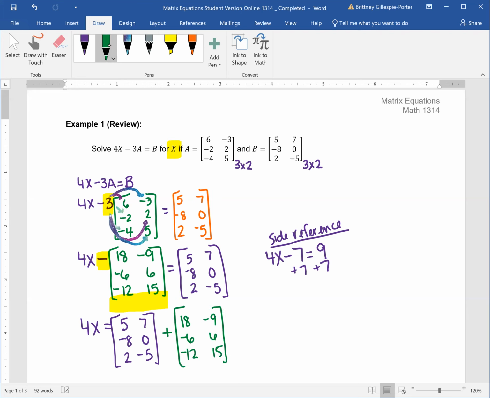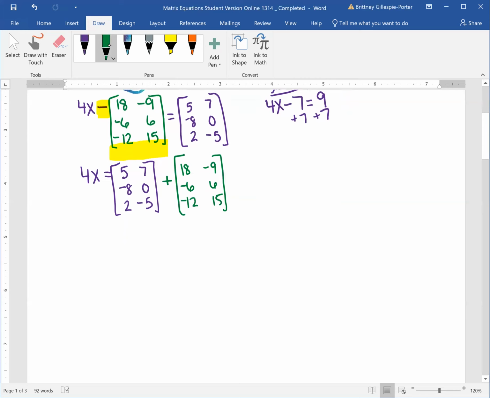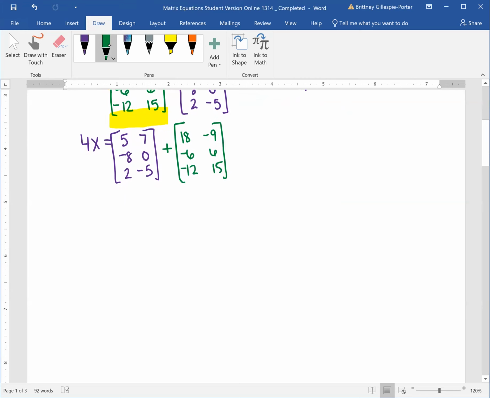And remember that since these matrices have the same order, we are able to add and subtract. If they did not have the same order, we could not add and subtract. But because they do, we can add and subtract corresponding entries.